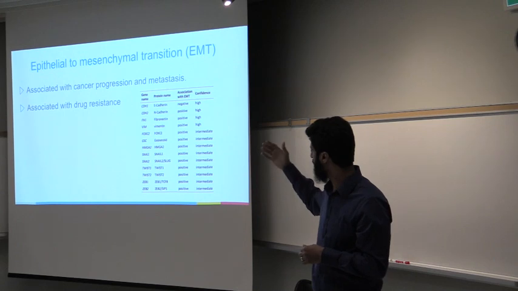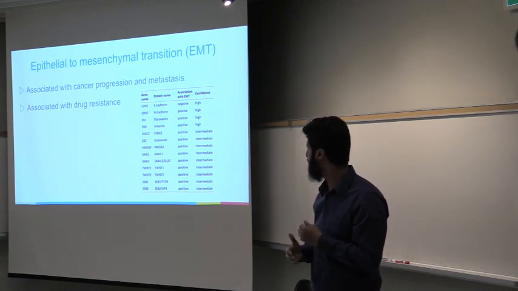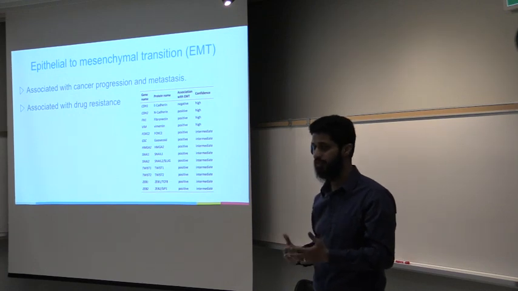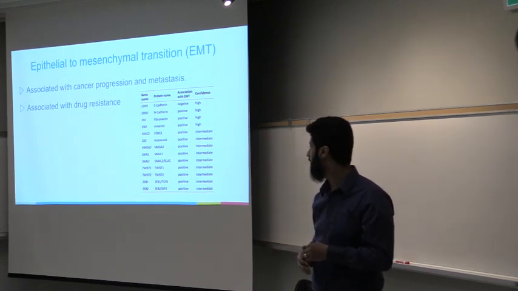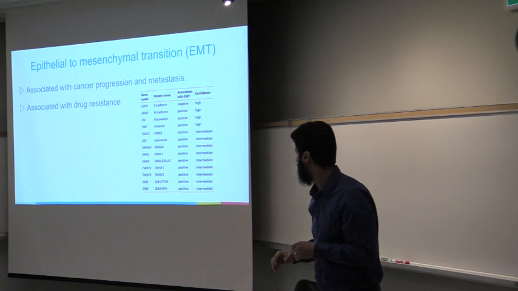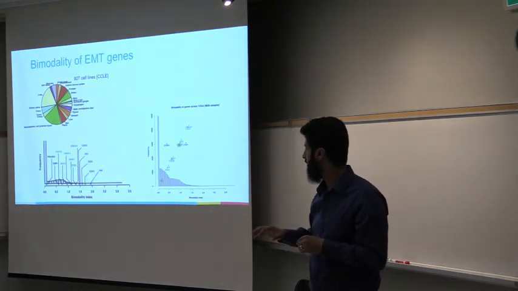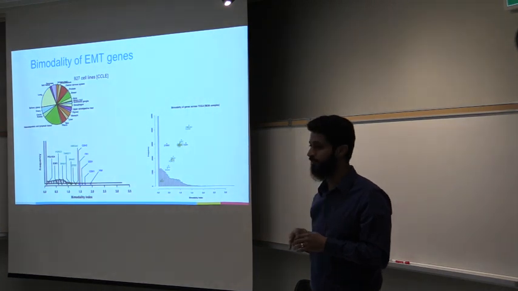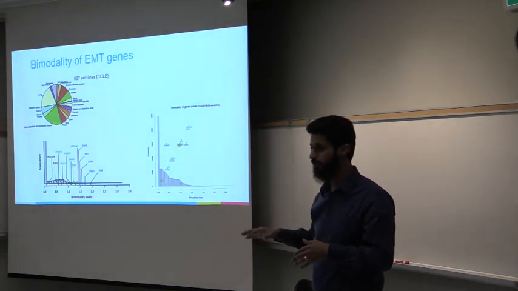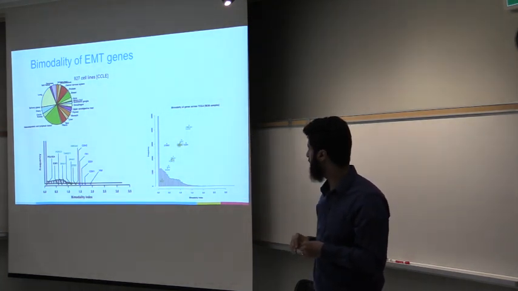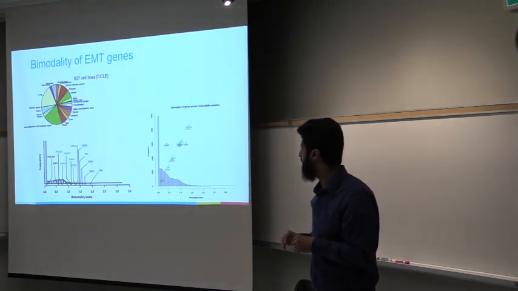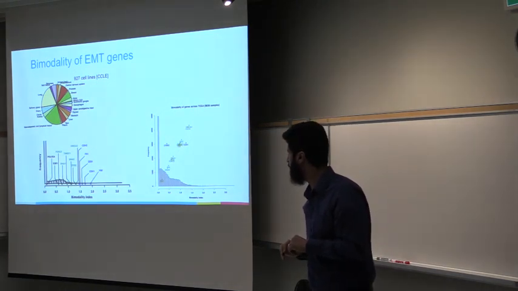So we chose to look at the genes that are related to the epithelial to mesenchymal transition phenotype, which is associated with cancer progression and metastasis, and it's also associated with drug resistance. And interestingly, most of those genes are actually bimodal when we look at their distribution in a large set of cell lines, around 900 cell lines from the Cancer Cell Line Encyclopedia.